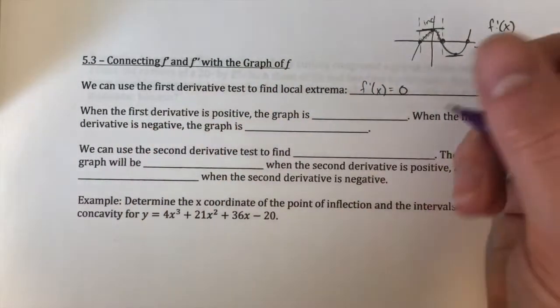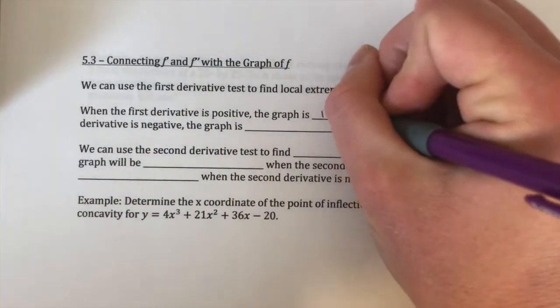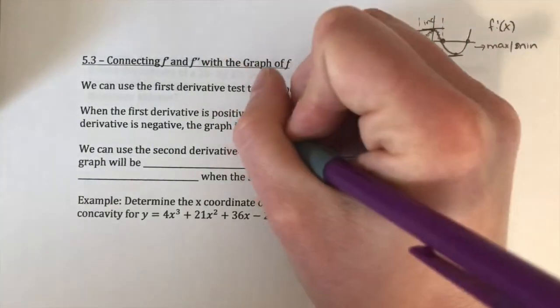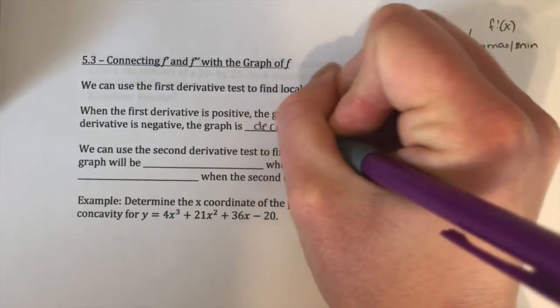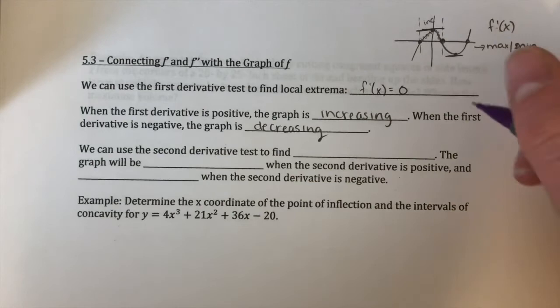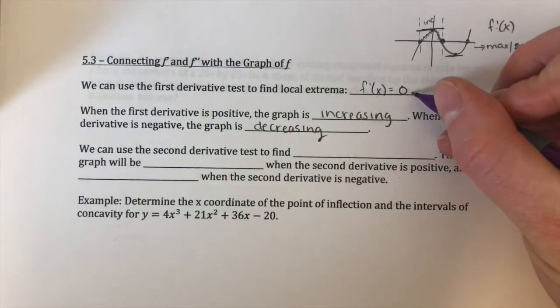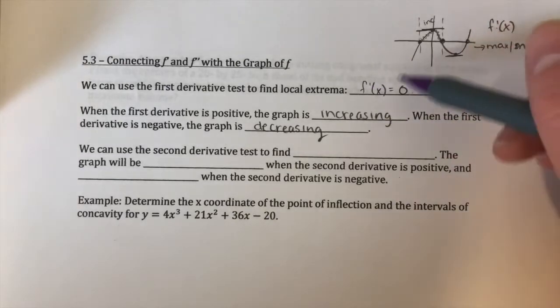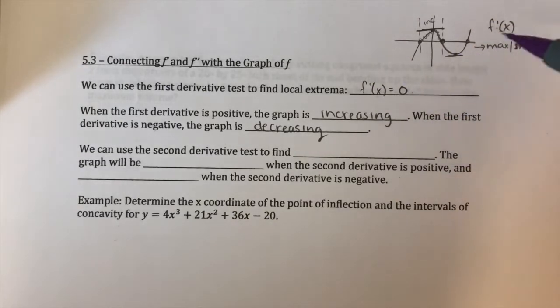When the first derivative is positive, the graph is increasing. When the first derivative is negative, the graph is decreasing. So that's when you'd want to set up your little chart and say, okay, here's the point that I found that's either a max or a min. Is it increasing or decreasing on either side? Because that'll actually tell you without drawing the graph whether that is a max or a min.